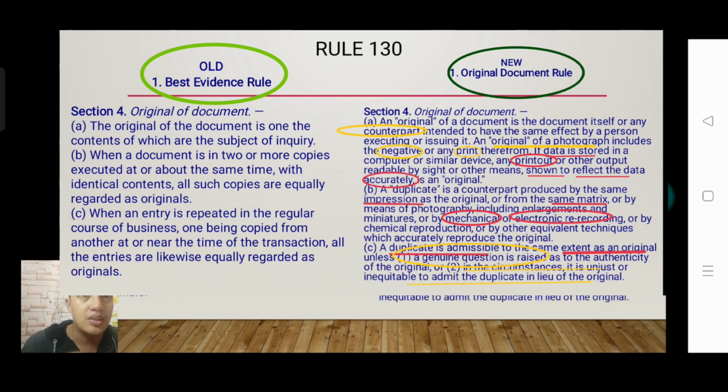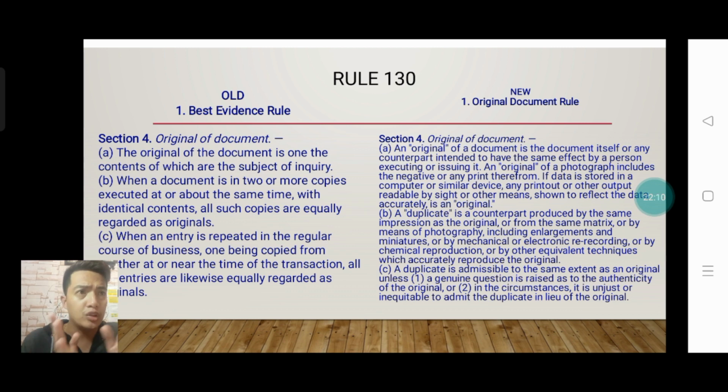Now, let us proceed to original document, or what is the original document as provided under Rule 130, Section 4, from the old rule to the new rule on evidence. Now, under the old rule, there were only three definitions to be considered as an original document.